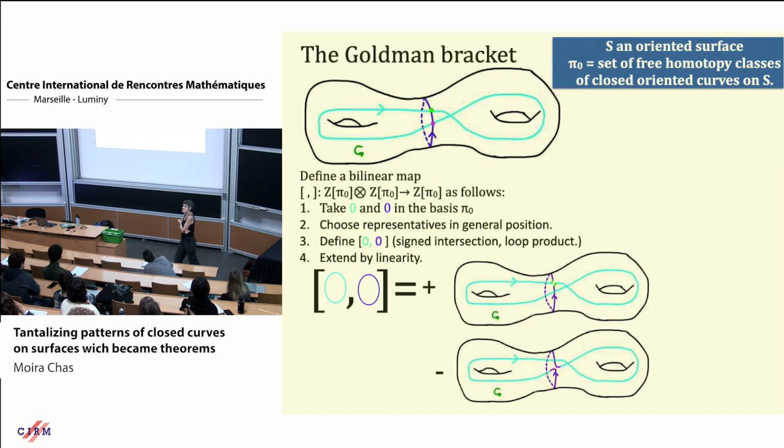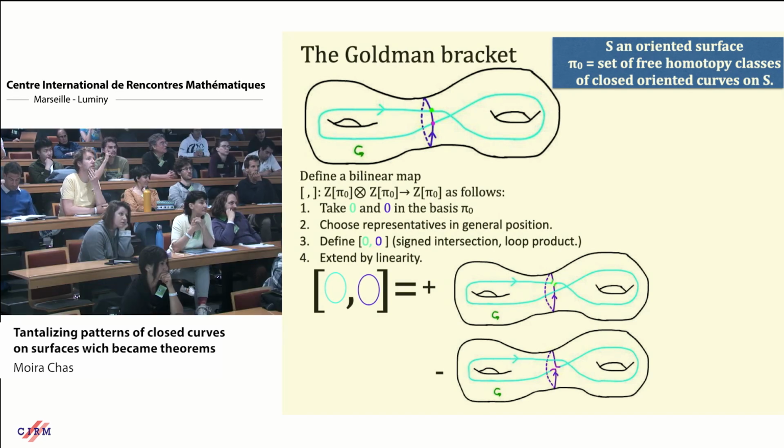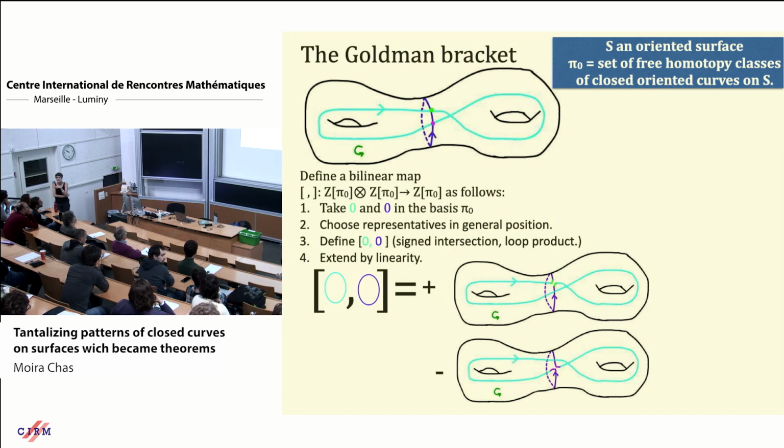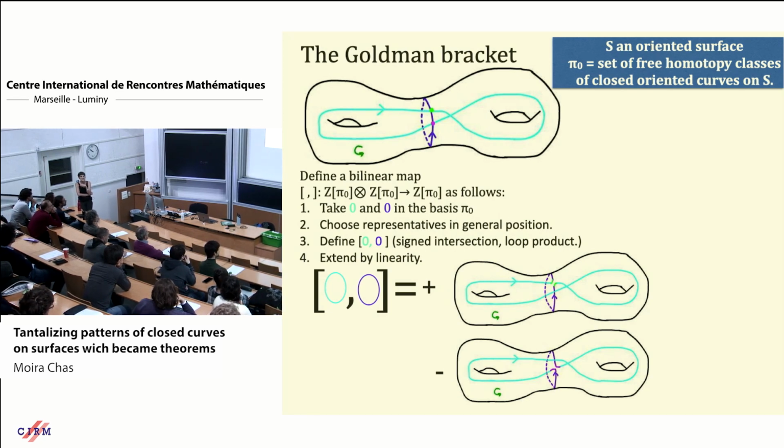Any question? What do I have to prove here? I'm saying this is a bilinear map on this vector space generated by free homotopy classes. Are you sure it's a bilinear map? I define it on the basis, that's fine.